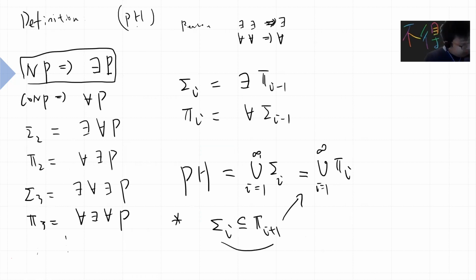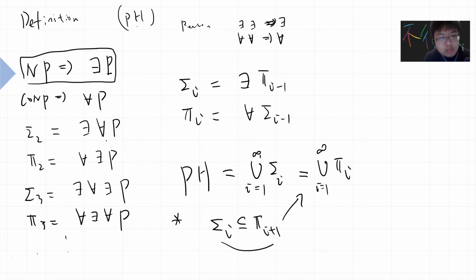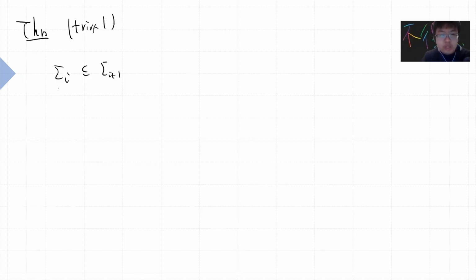Okay. Also let me write down this theorem, which is trivial if you just look at the definition. For example, sigma 2 is exists for all P, sigma 3 is exists for all exists. So you can see sigma 2 is a subset of sigma 3, because it is exists for all P versus exists for all exists P. If you just forget about one quantifier, then your problem should be weaker.